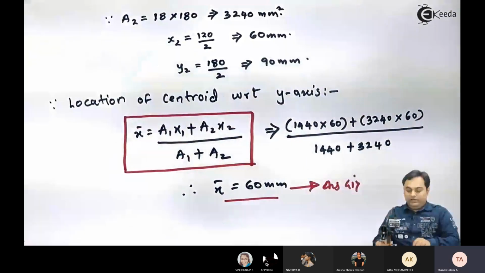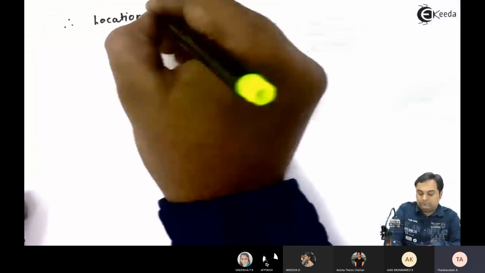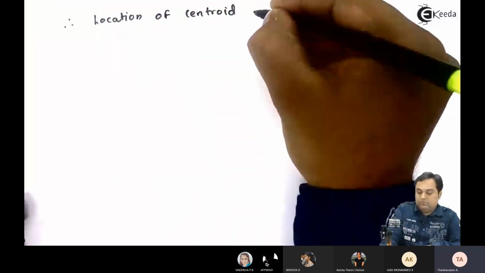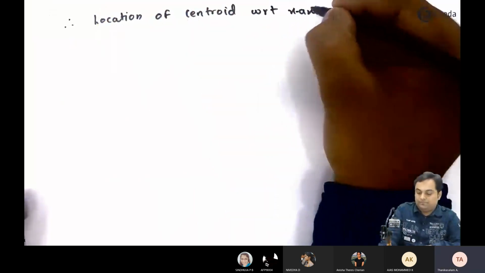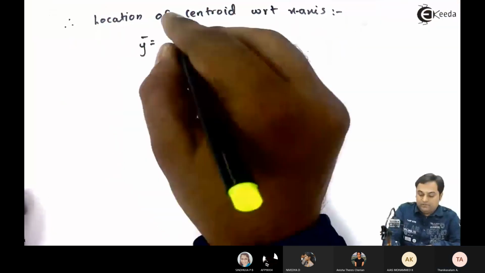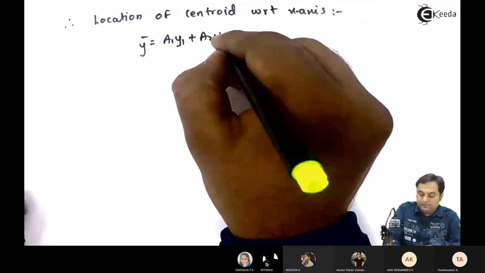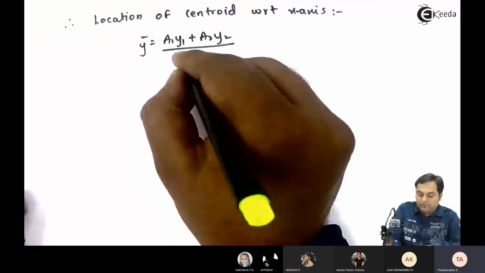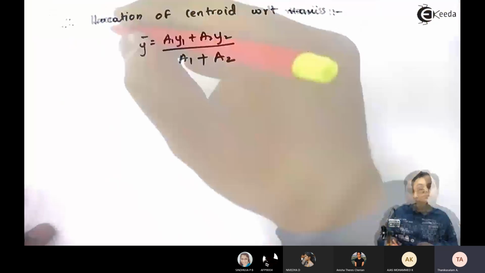Now y bar, with respect to the x-axis, is equal to A1 y1 plus A2 y2 upon A1 plus A2. So here is the formula for y bar.